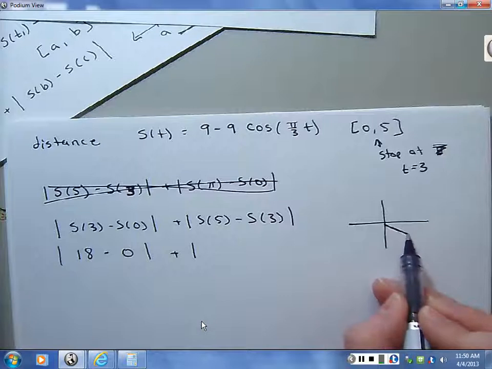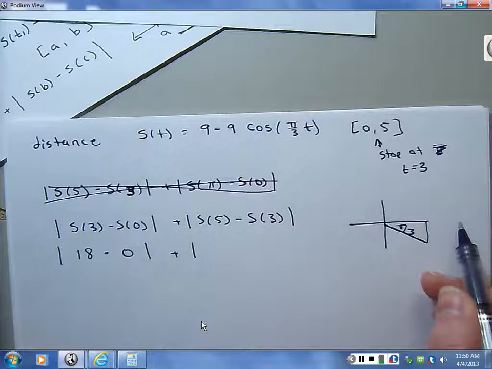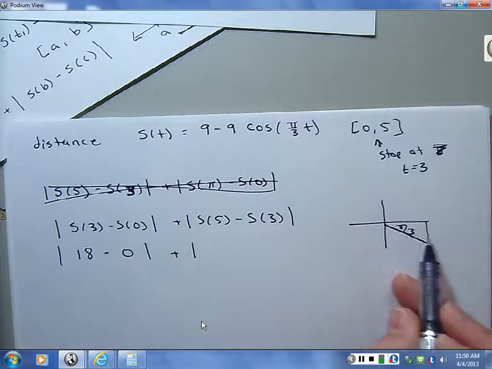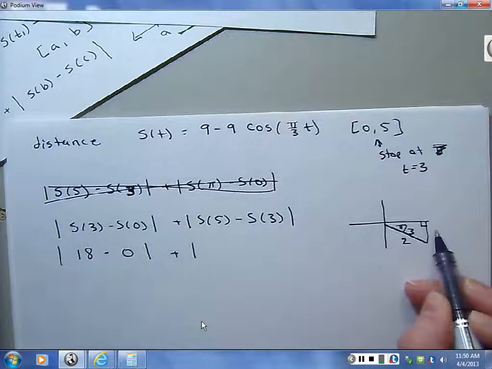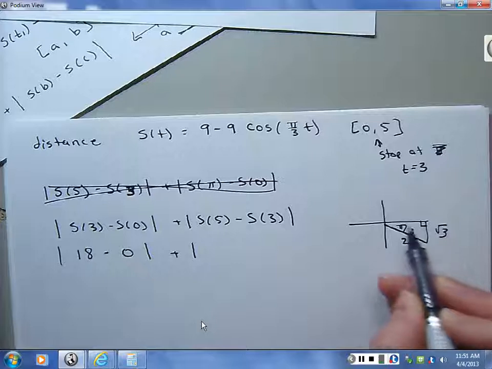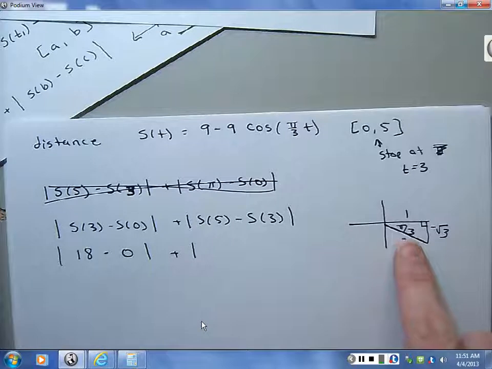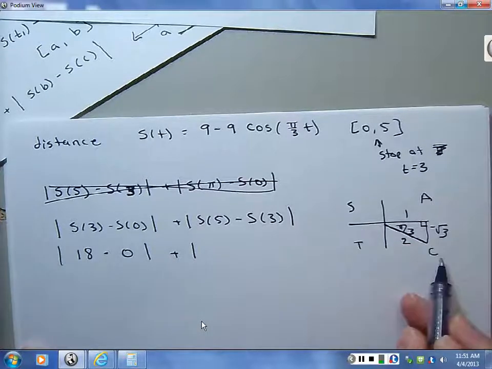So that's this quadrant here with a reference angle of pi over 3, because 6 pi over 3 would be 2 pi, right? So that's pi over 3 short of 2 pi. So pi over 3 here, this would be square root of 3, and this would be 1, but this would be negative. So cosine of 5 pi over 3, this reference angle, cosine would be 1/2. So you can also say all students take calculus, cosine is positive here, so I get 1/2, so I get 9 over 2.